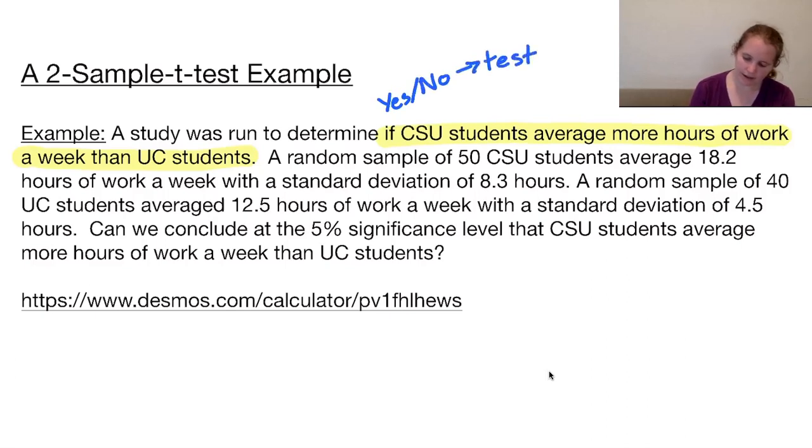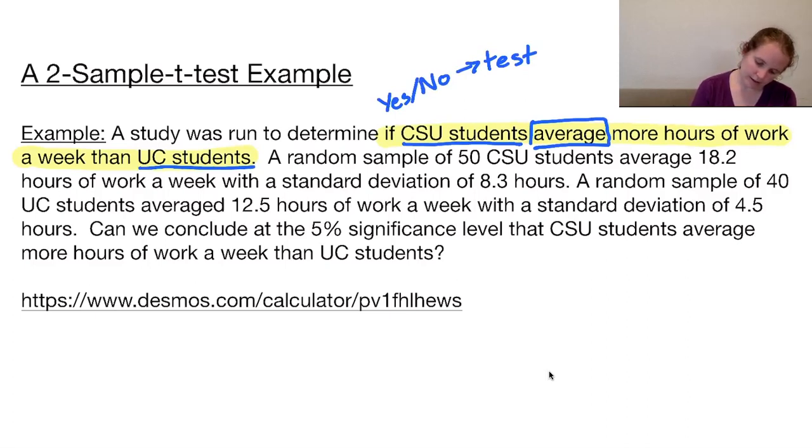We are talking about the average, so we know we are dealing with the mean. And then we have CSU students and we have UC students, and we're trying to compare them. So this is a 2-sample t-test, just like I said in the title of the video.